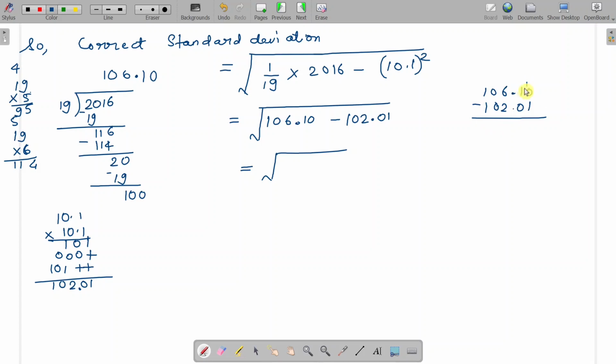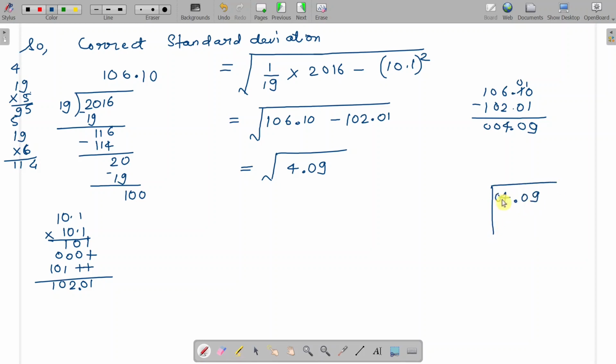So 1 borrowed here, this 0 remains, so 0 0 4, right, 0. So here 1 is borrowed, right? So this is 9, sorry. So 4.09. Okay, now let us find the root of 4.09.